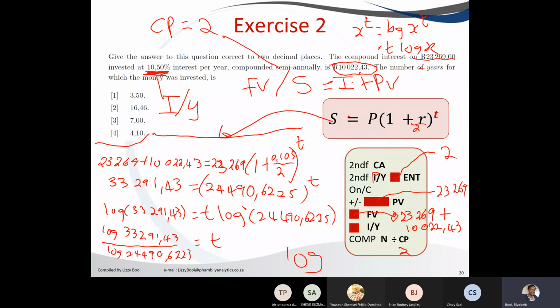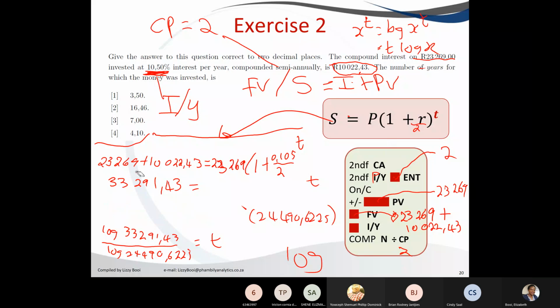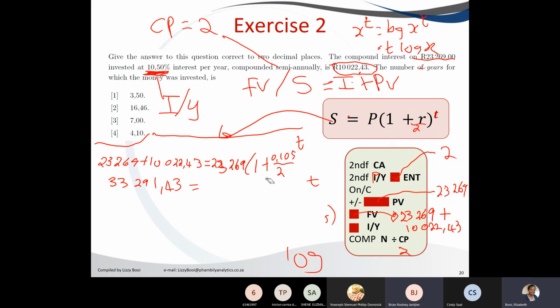So let's restart from the beginning. 0.105 divided by 2 is 0.0525, plus 1, we get 1.0525. Unless I do it this way, sorry, let me not do it all together so that we can do it step by step, because I'm not getting the correct answer there. Just want to make sure that I do it step by step.